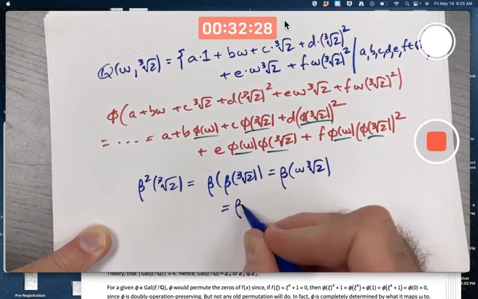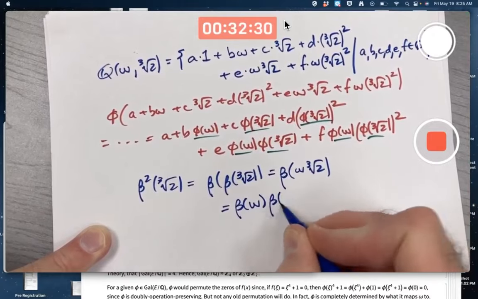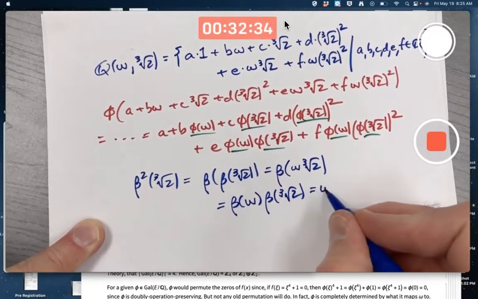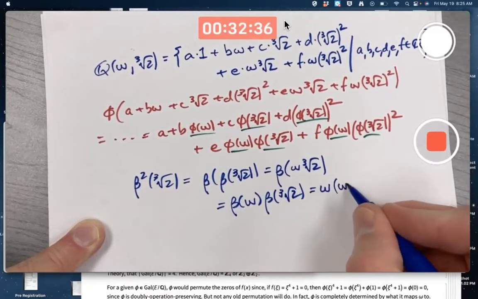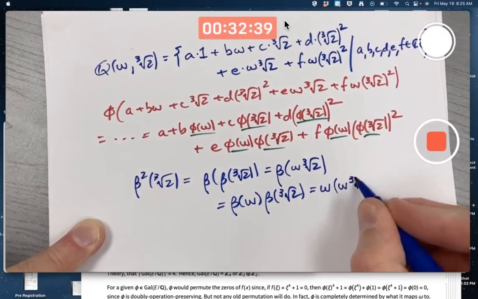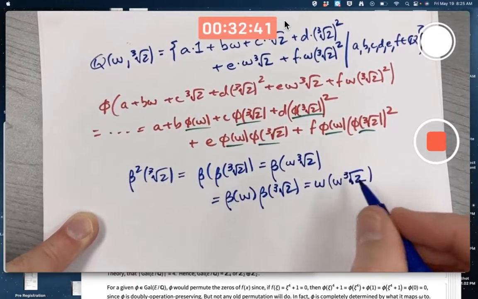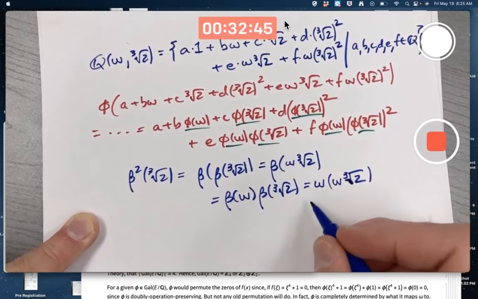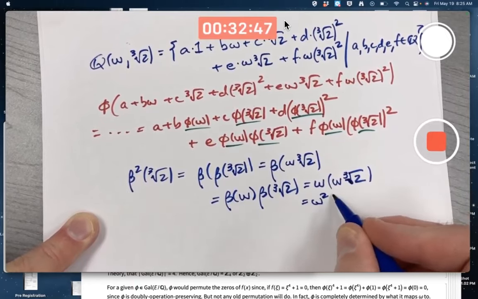Beta is operation preserving. So you can write this. It maps omega to itself. It maps cube root of 2 to omega times cube root of 2. It's not omega cubed there. It's a cube root of 2. And that's omega squared times cube root of 2.